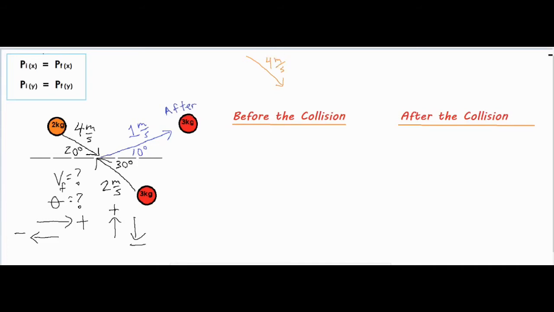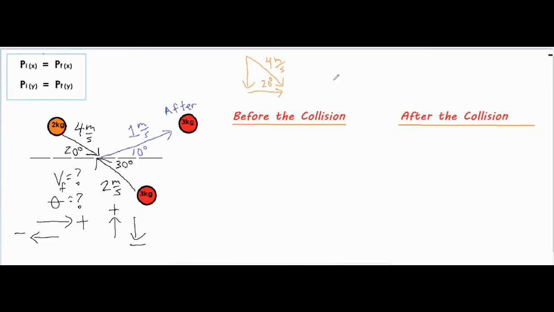Okay, I'm going to draw the components tip to tail. I'm going to go down and to the right. And then I have my 20-degree angle right over here. And then for my second triangle, I'm going to pull this one over here.